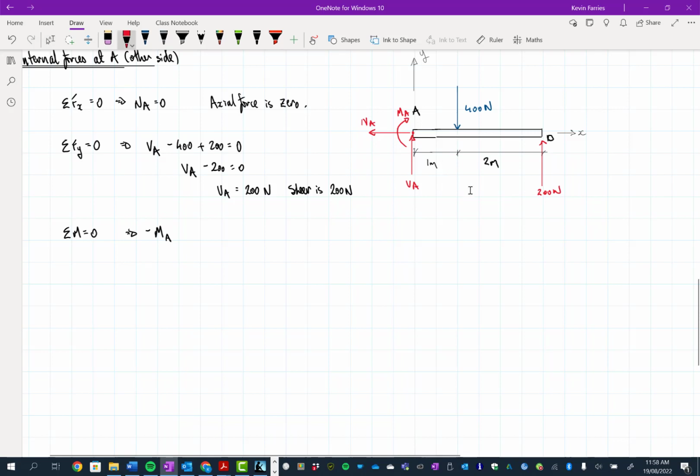It's going in this direction. So that's negative 400 times the lever arm of 1. And then this 200, about this point here, is trying to rotate anti-clockwise, so it's positive, plus 200 times 3 is the lever arm for that, is equal to 0.